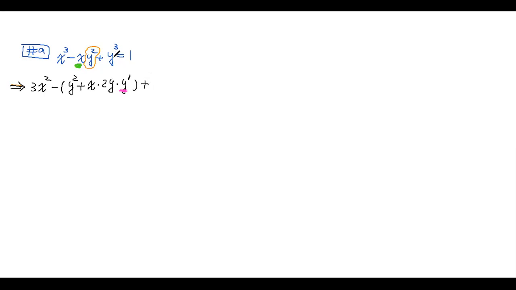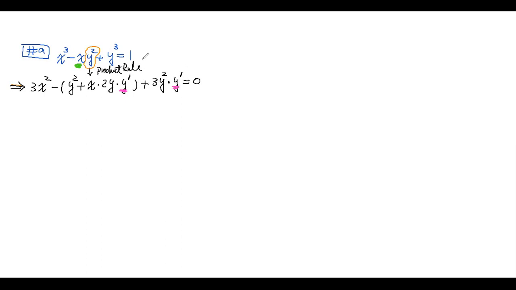The same way, 3y squared: every time you take the derivative of y, it's a chain rule, so you need to have a y prime. Then 1 is a constant, so it's zero. From here to this parenthesis is where we use the product rule. So be very careful.